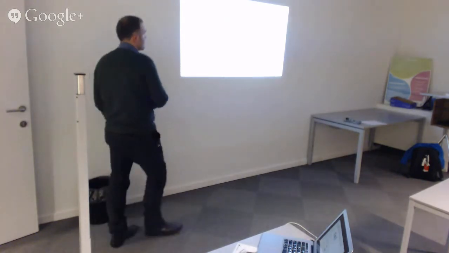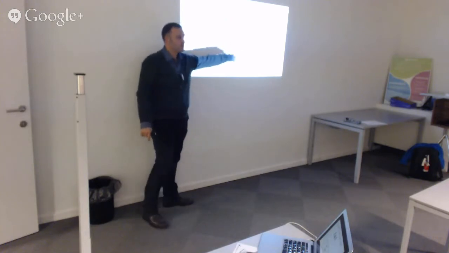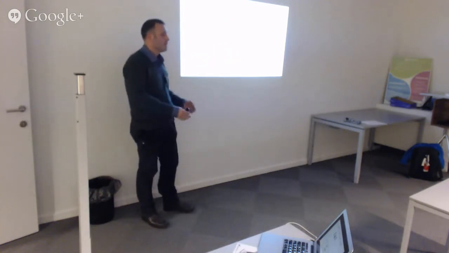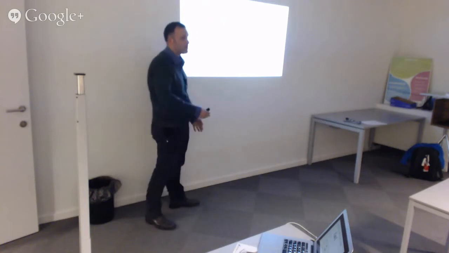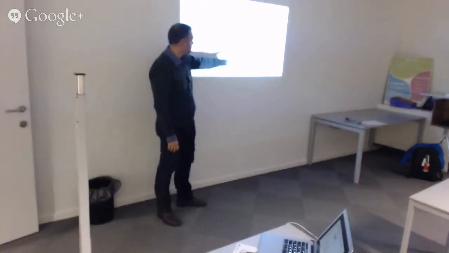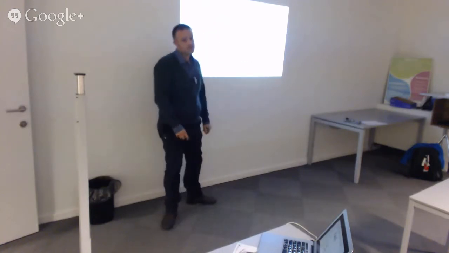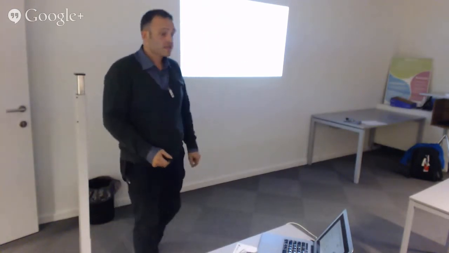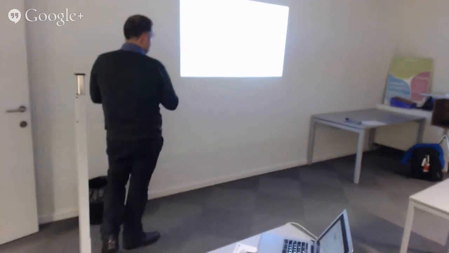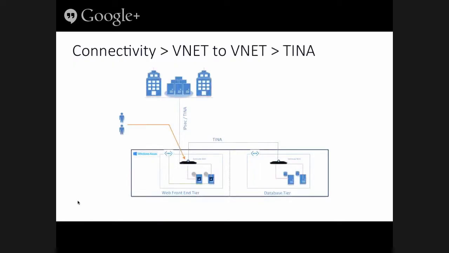So the good thing is, we can get TINA to pass through the Azure load balancer, onto the internet, to the other side, wherever. So what we can do between 2 VNets is create that TINA tunnel. Good thing about that is that we can do visibility, can do the logging, and we have more control over what is going on. So that's the 3 ways of building a VNet to VNet configuration.